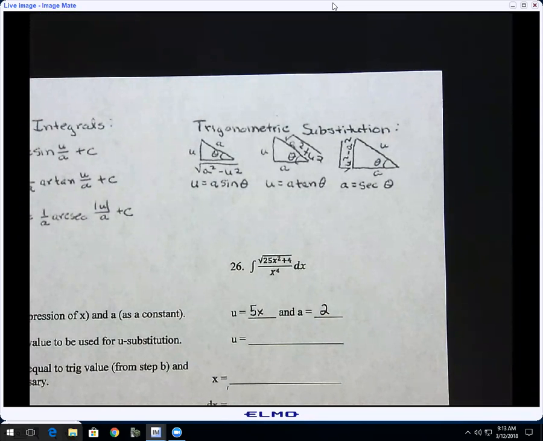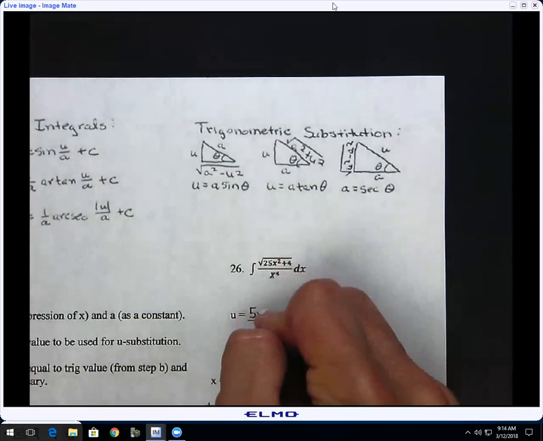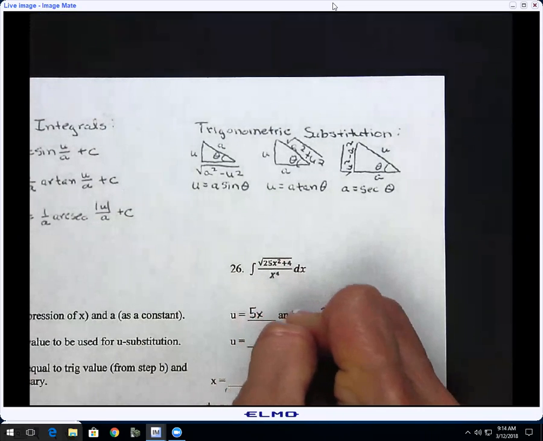Which one of these trig substitutions involves something that looks like this, a u squared plus an a squared? Yeah, it's tangent that has a u squared plus an a squared. So the substitution that I'm going to use is let u be a tangent theta, where a is 2. So u is 2 tangent theta.